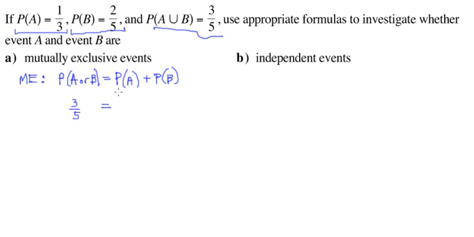The chance of the first event is 1/3. And the chance of the second event is 2/5. Okay, if I want to add these, I need a common denominator, so I'm going to turn everything into 15ths. Multiply this first fraction by 3/3, and multiply this by 5, top and bottom.